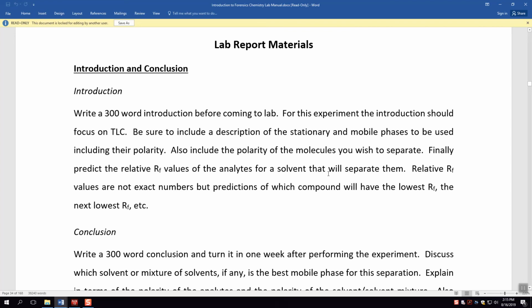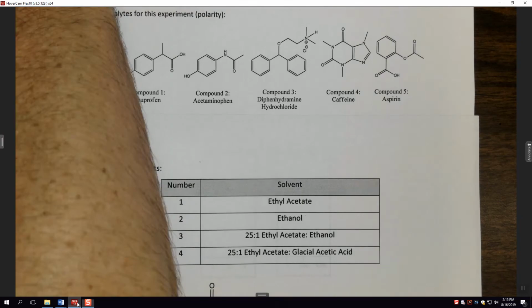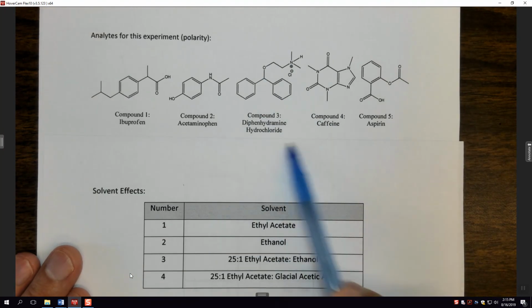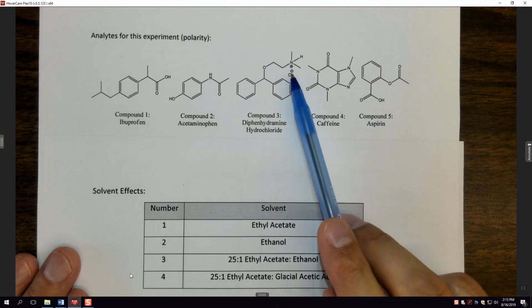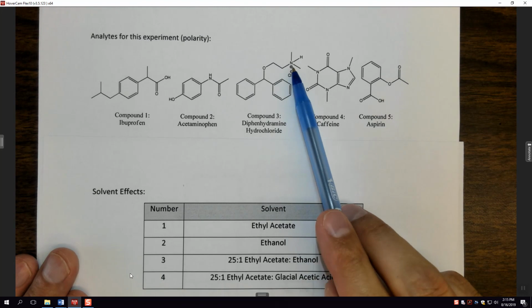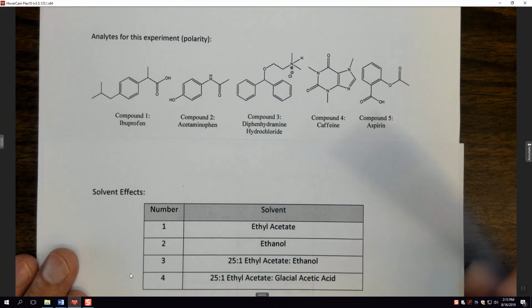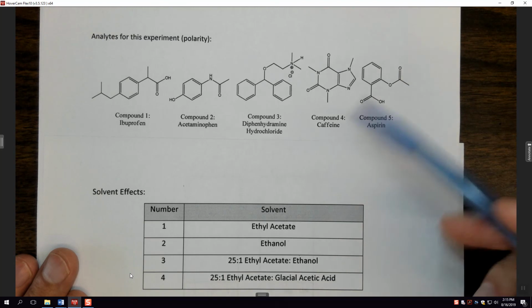That's going to be fairly hard to do, given these particular molecules. Although I can say that when we look at something like diphenhydramine hydrochloride, because it's ionic, we could be fairly safe to say that this will have a relatively low RF because it's ionic, and the other ones are just polar.